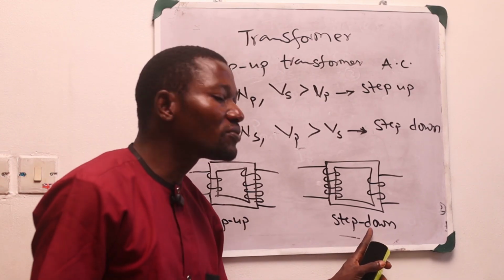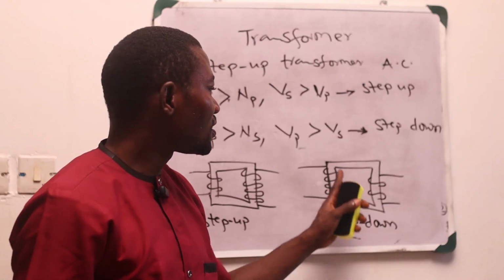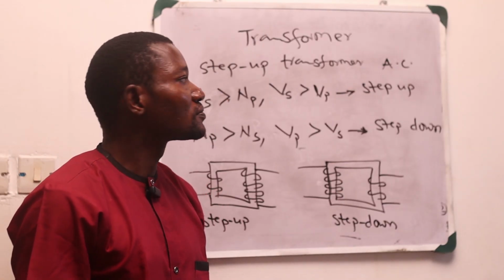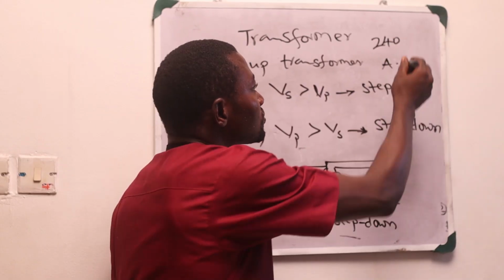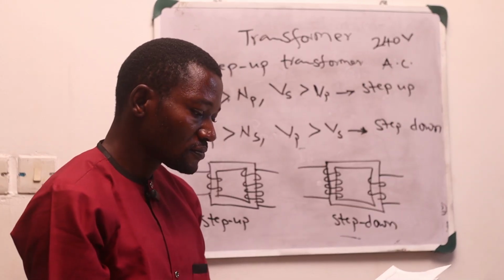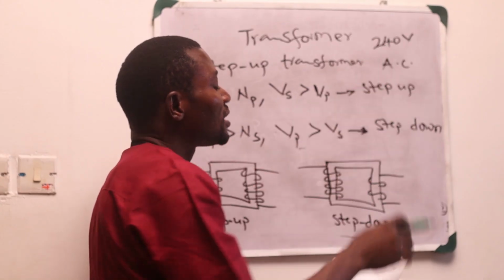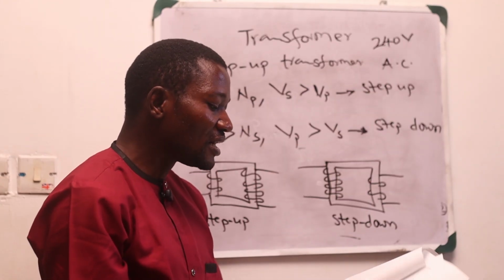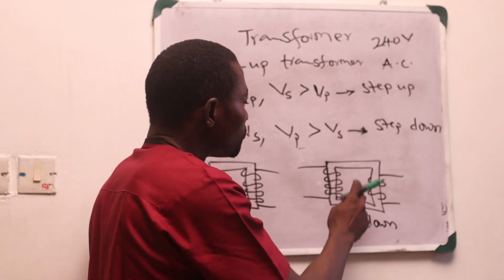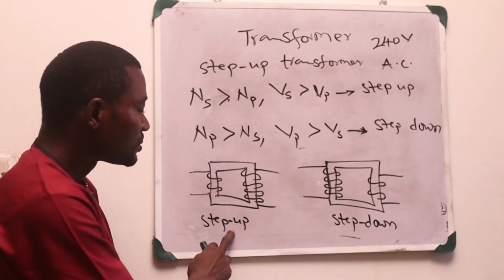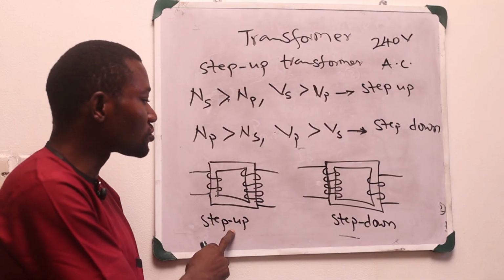And at the point where we want to use it, it is stepped down to a voltage of 240 volts, which is normally used depending on the location. So we use a step-up transformer prior to transmission.